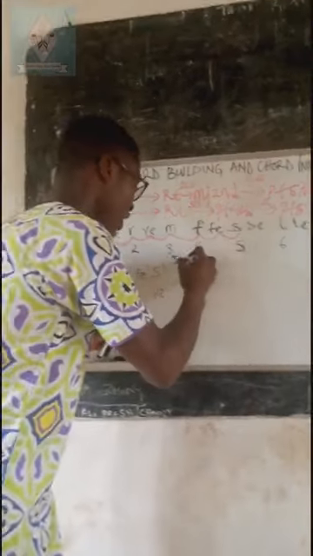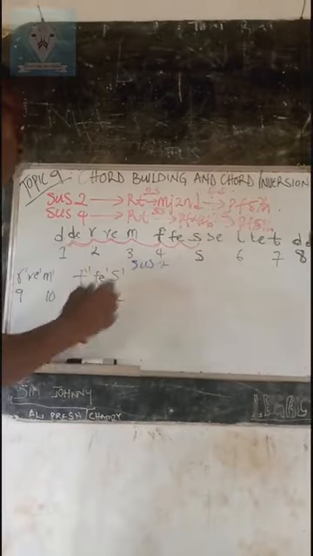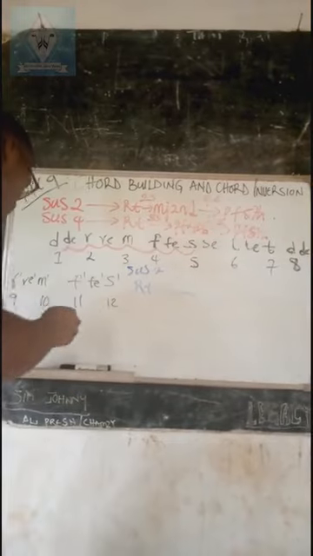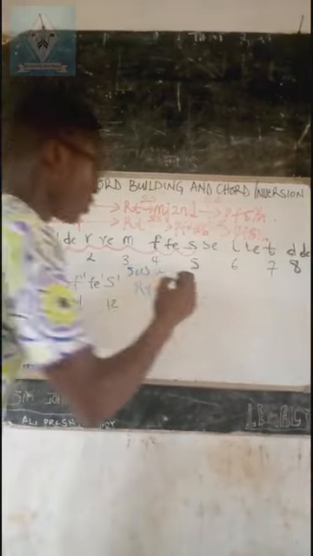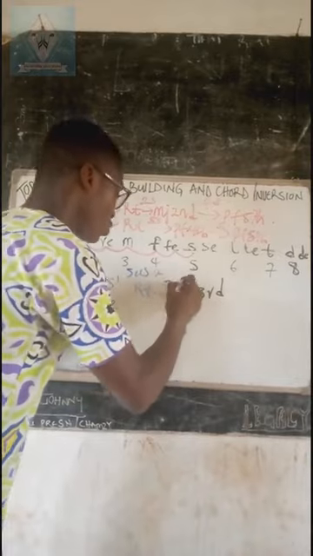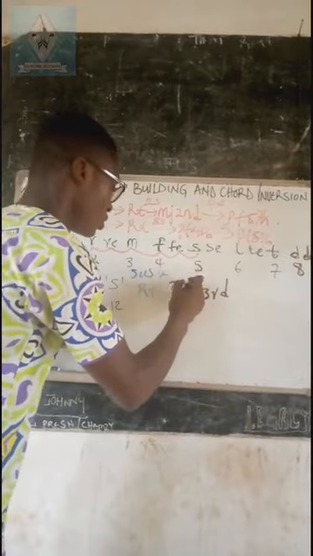The suspended second, from the root to the major second, is 2 semitones.